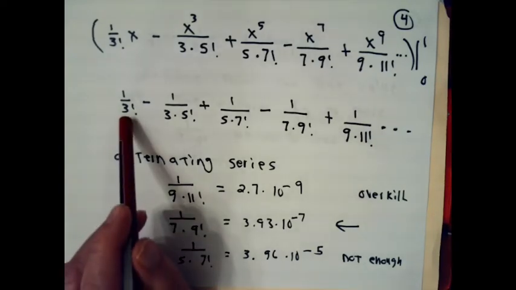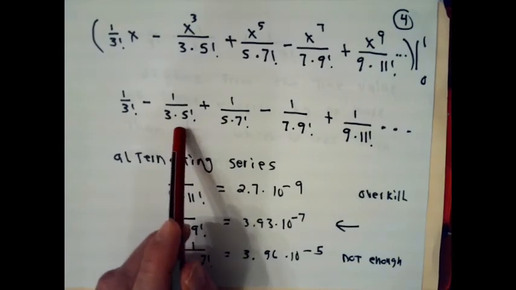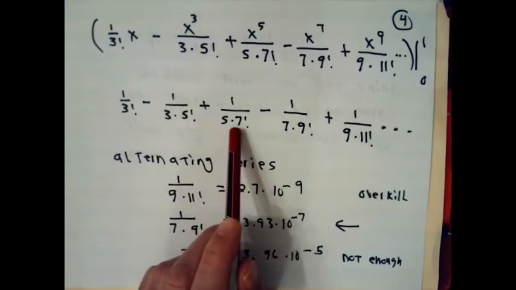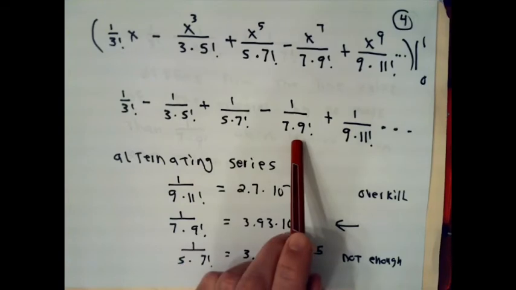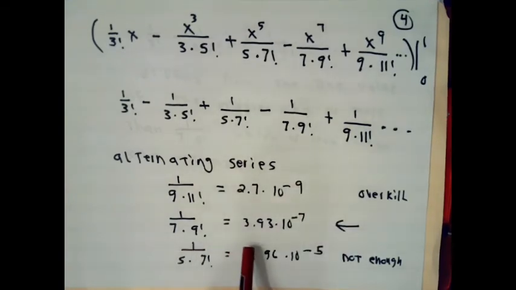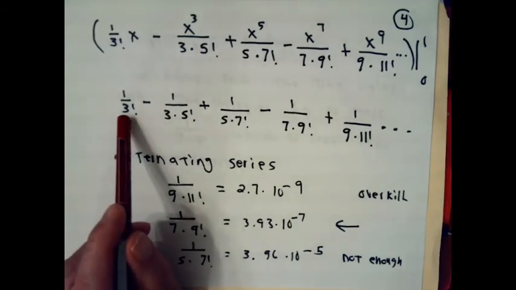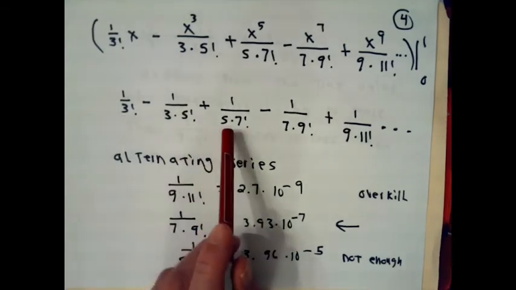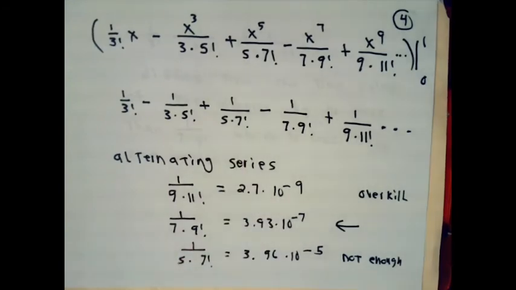What if I kept this term, and that term? The error is no more than 1 over 7 times 9 factorial, which works out to be 3.96 times 10 to the negative 7. That's less than 1 millionth, which is 10 to the minus 6. So to get sufficient accuracy, I will keep this term, and that one to achieve my estimate of the integral.